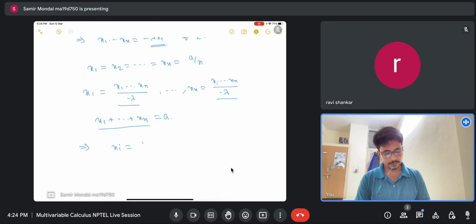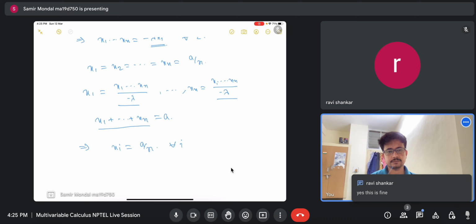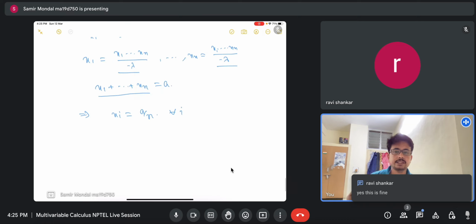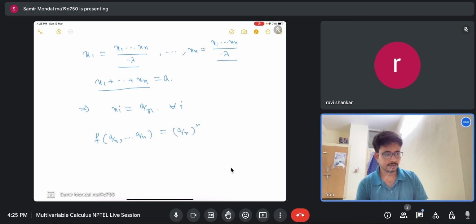X equal to a by n, is it fine? Yes, we are getting x equal to a by n. So in this case, what is the value of f? It is this one.